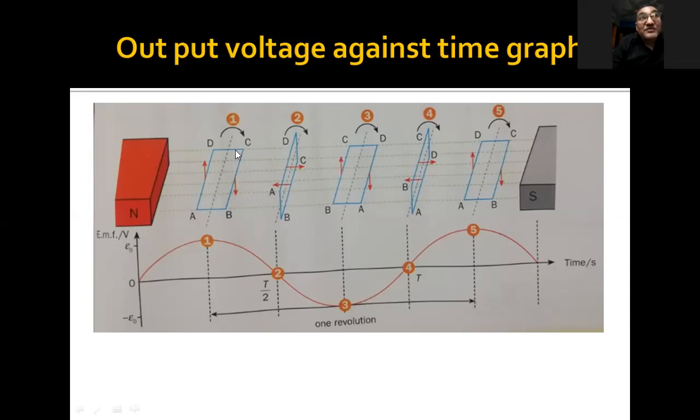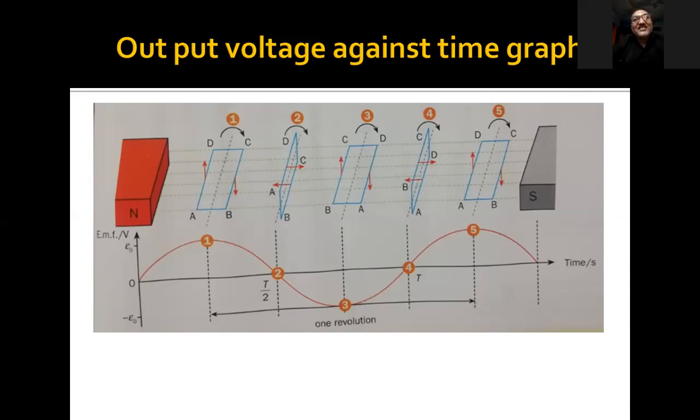In the first position, in the BC, the current was flowing from C to B. You see, in this position, the current in the BC conductor flows from C to B. But in this third position, when this BC is moving upward, the current is induced and flows from B to C. Here the current flows from C to B. Here the current flows from B to C. You see the direction of the current has changed.